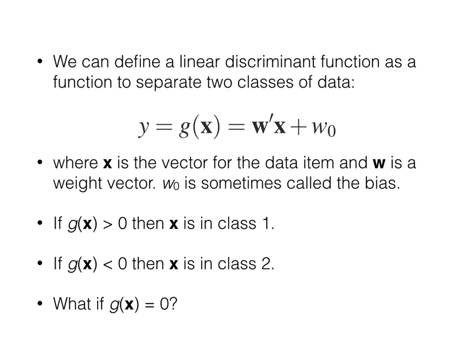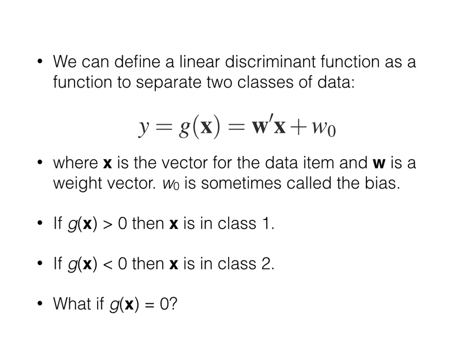And g of x is defined as some weight vector w times the x data vector plus w0, which is called a bias. So the weight vector transpose times the x gives just a scalar, a number. Adding on the bias gives another number.